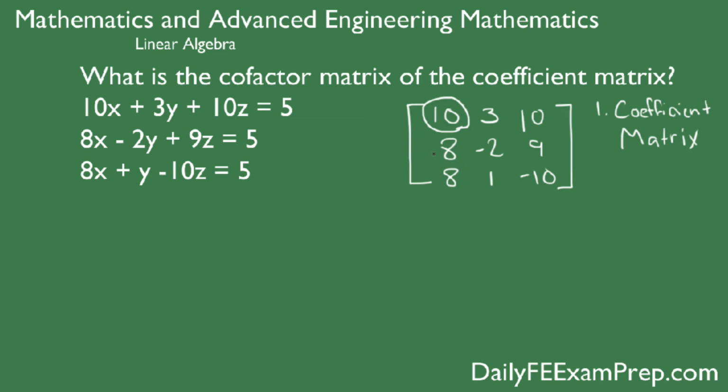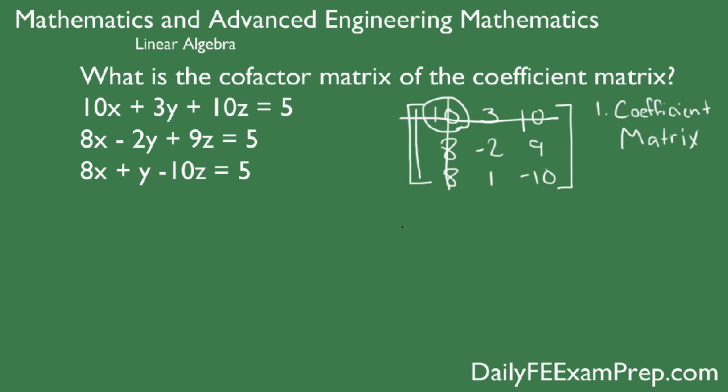So we need to find the minor matrix. All we're doing is crossing out the column and then the row, and what we have left is the minor matrix right here, this 2 by 2 minor matrix.